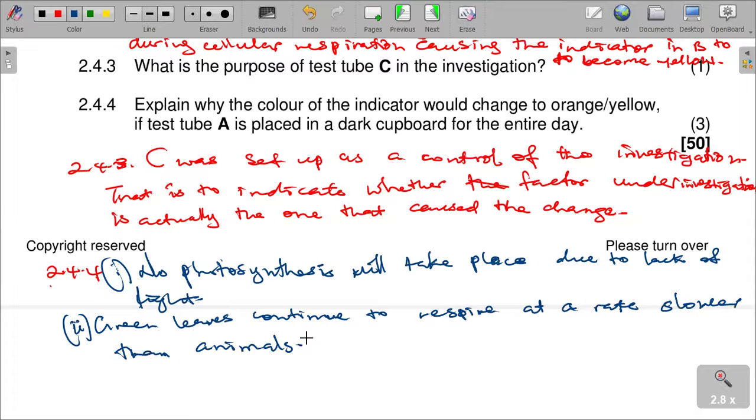As a result of that, they release small amounts of carbon dioxide, and later the amount of carbon dioxide increases due to what? To gradual accumulation.